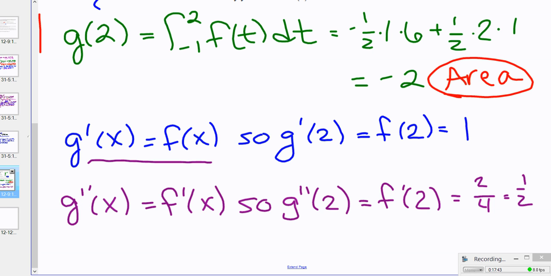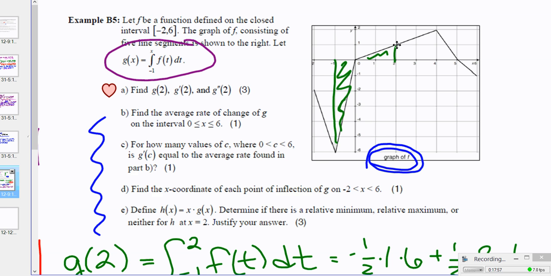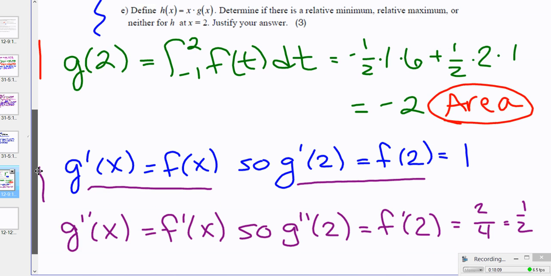And so if you plug in 2's for both of those, you get this statement. So in trying to find G prime of 2, I'm actually just looking for f of 2. And lo and behold, we have a graph of f. So f of 2 just means I want to look at this point. Having all sorts of drama here. Look at this point right here and figure out what its function value is, which is a 1.